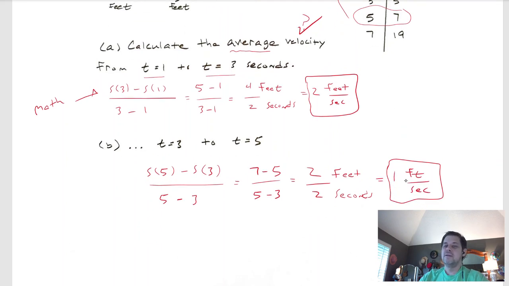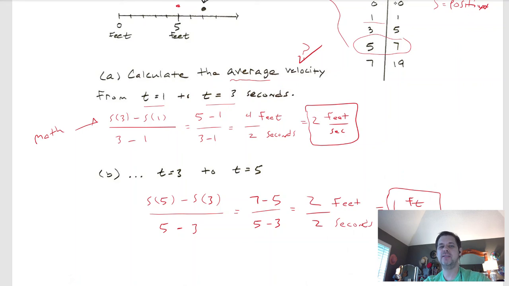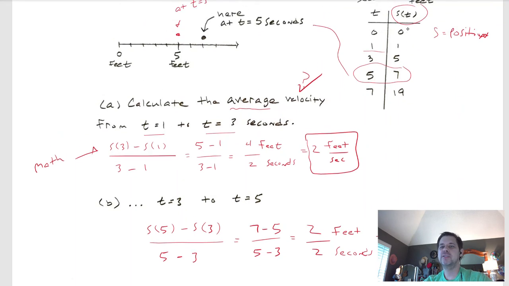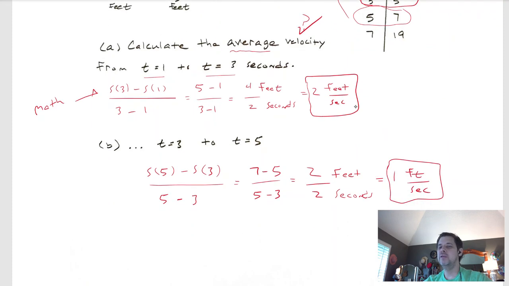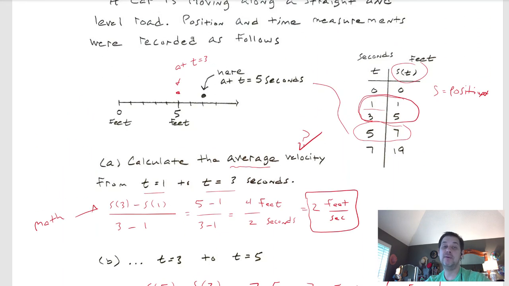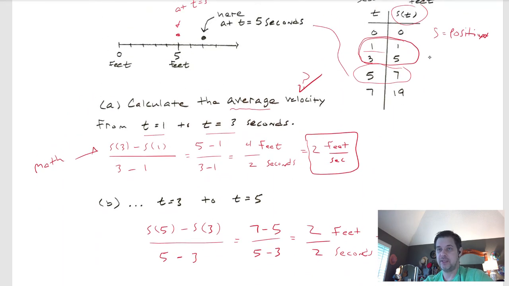Now I can summarize and report information to you in lots of ways. I think it's worth saying that, as with any moving object, even if you think it's a little weird for a car to be moving 2 feet per second or 1 foot per second, it didn't say what kind of car this was, so we're not going to question that.